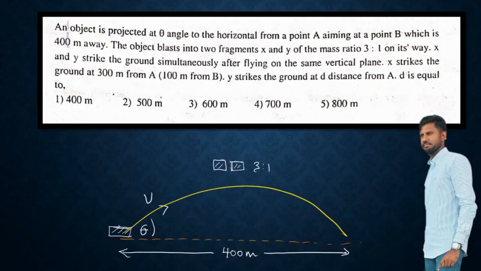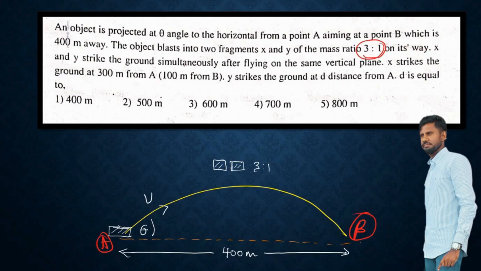Right students, let's start with this question. An object is projected at angle theta to the horizontal from point A aiming at point B, which is 400 meters away. The object blasts into two fragments X and Y of mass ratio 3:1 on its way.